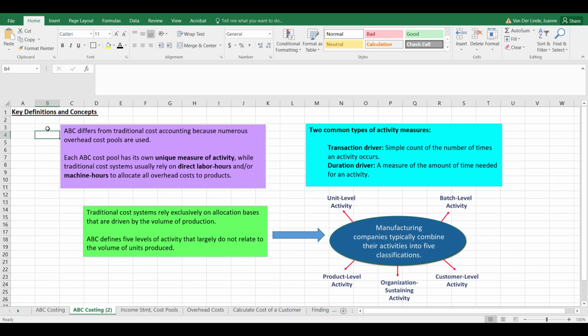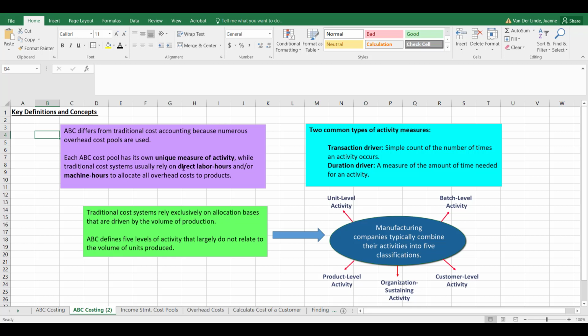Instead of having one POR or a couple of PORs under a traditional method, under ABC we have several, and each one pertains to a specific overhead cost pool. Each cost pool has its own measure of activity, whereas with traditional costing, the POR or PORs are based on something like direct labor hours, sometimes direct labor dollars, or machine hours.